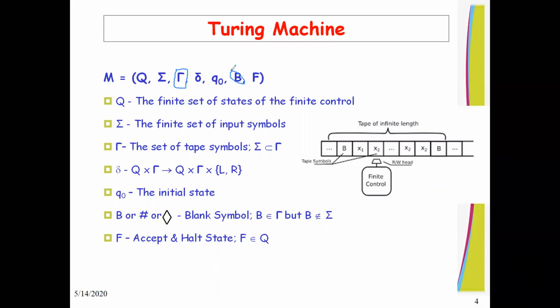The rest of the symbols are the same as the DFA. Because a DFA consists of five tuples, while a Turing machine consists of seven tuples, right? So why do we use these two symbols? These two additional symbols are responsible for the tape. How these symbols work on the tape, we can discuss here.